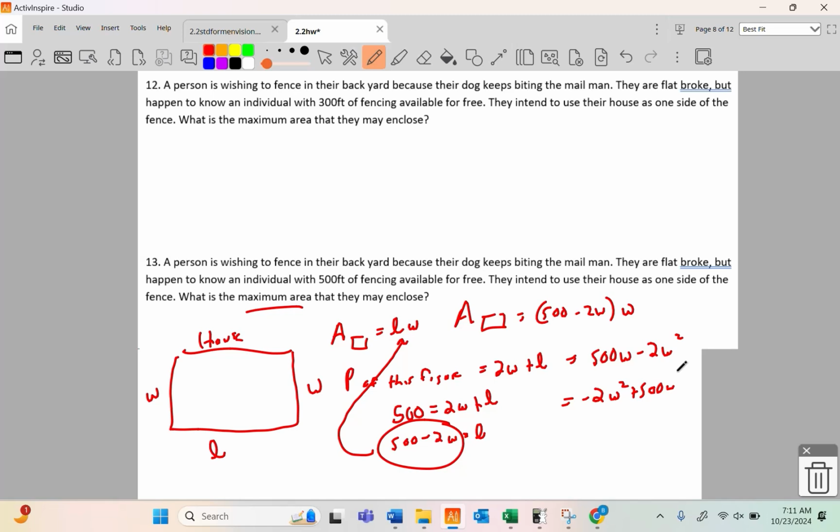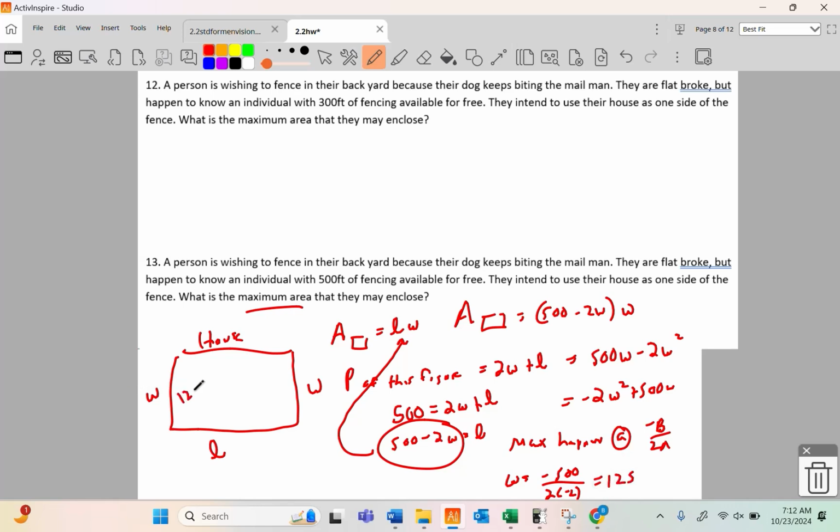This is a quadratic. The max happens at opposite b over twice a. So the w value, the width value here, is going to be negative 500 over twice a negative 2. So that's going to end up being 500 over 4, which is 125.